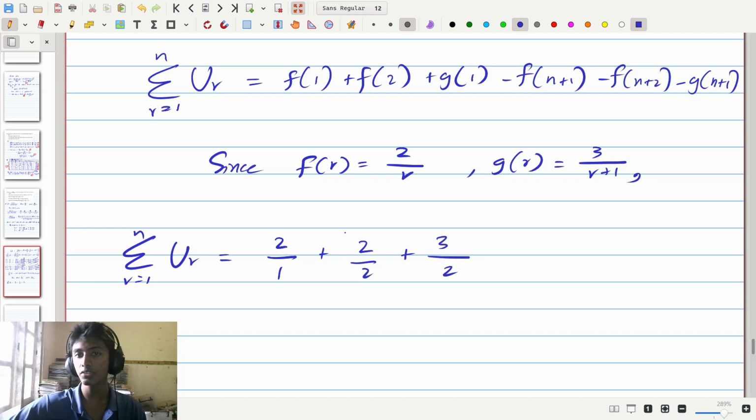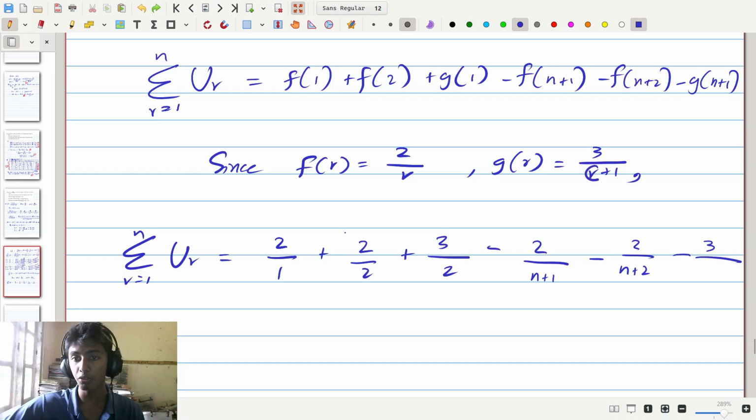And then as for the other side, the minus f of n plus 1 is going to be minus 2 over n plus 1, and then minus f of n plus 2 is going to be minus 2 over n plus 2, and minus g of n plus 1 is going to be minus 3 over, instead of r we substitute n plus 1, so we get n plus 1 plus 1, which is going to be n plus 2.